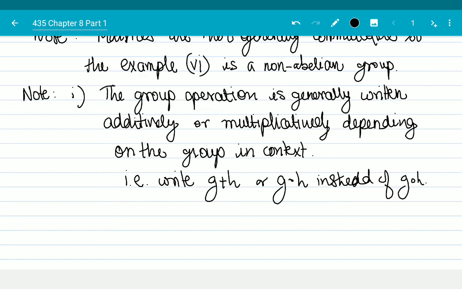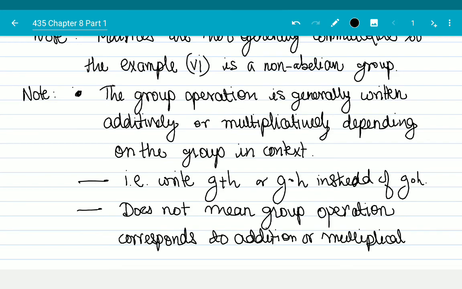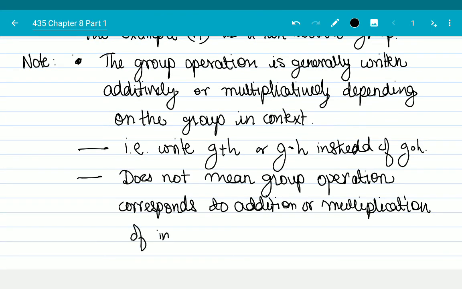Okay, now note this. This does not mean that the group operation is going to be addition or multiplication of integers.